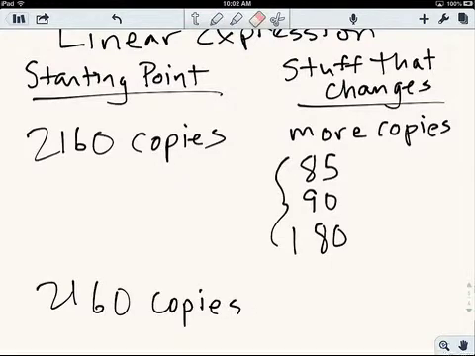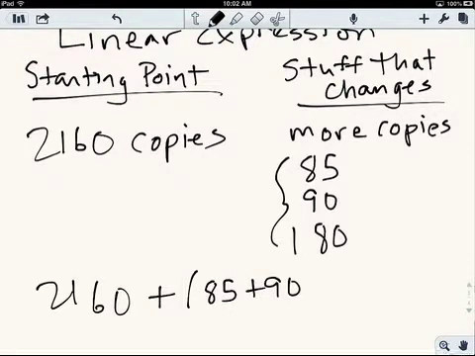which I don't need to write copies here, but I'm going to start writing my expression. 2,160 copies, and every time I do a new lesson, for that lesson, I'm going to add to it 85 copies for Mr. Bostwick, plus 90 copies for Mr. McSparron, plus 180 copies for Mrs. Sleeth, and that is per lesson.